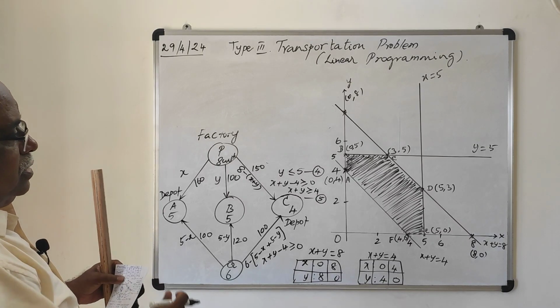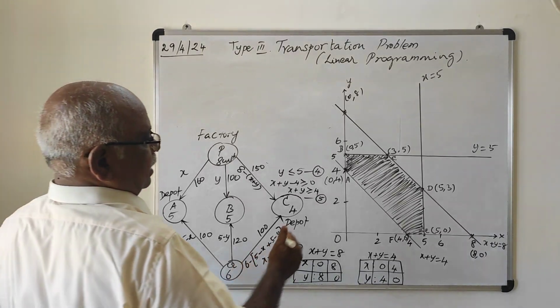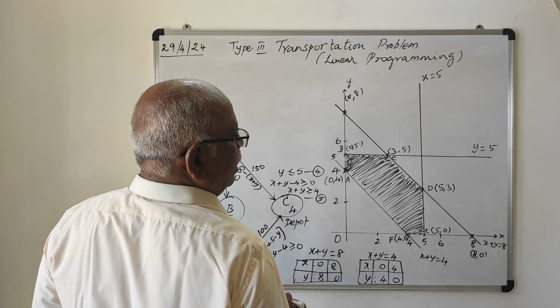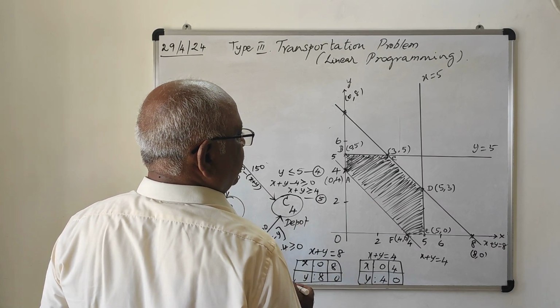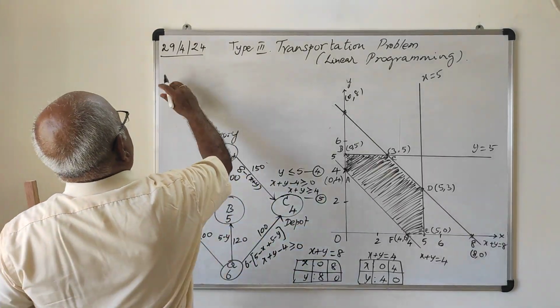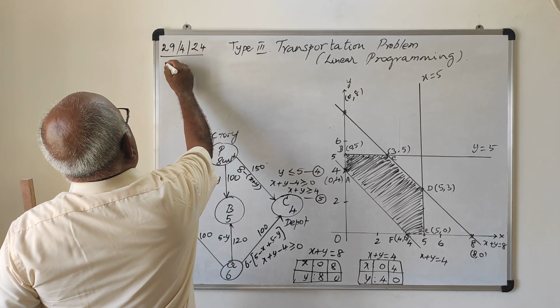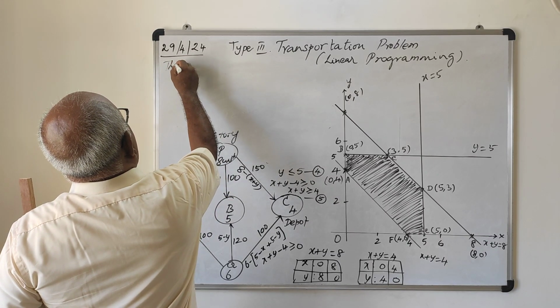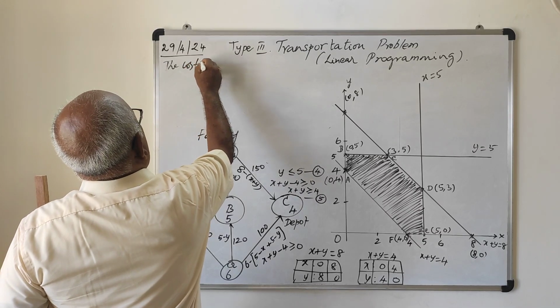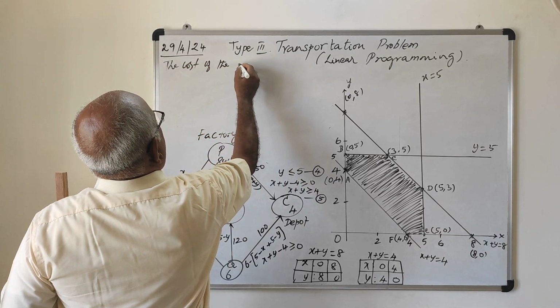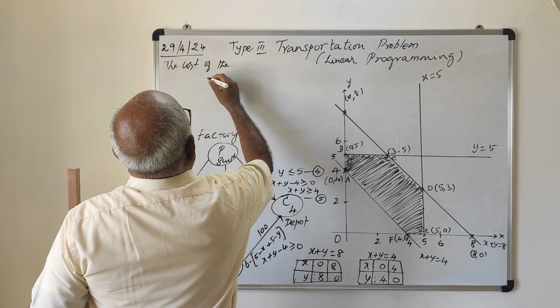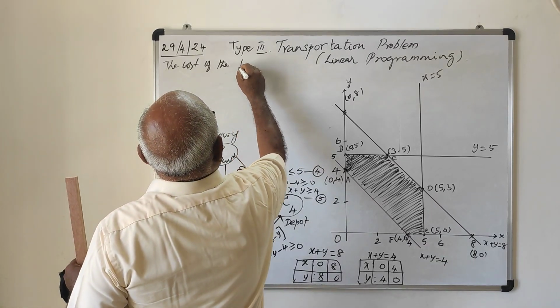So the minimum cost for the commodities transportation is to find the cost function.